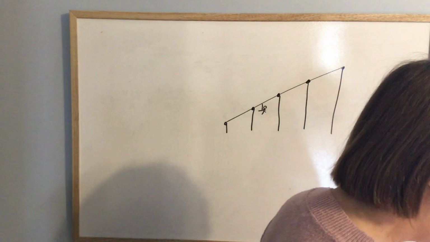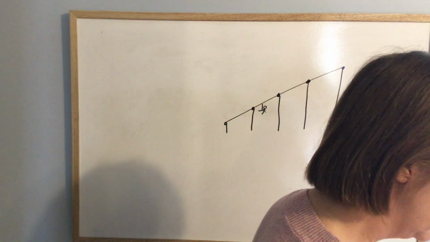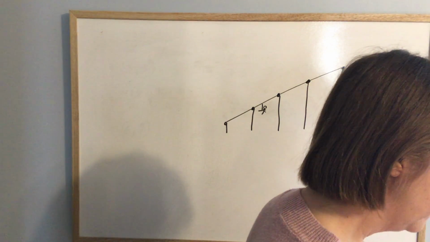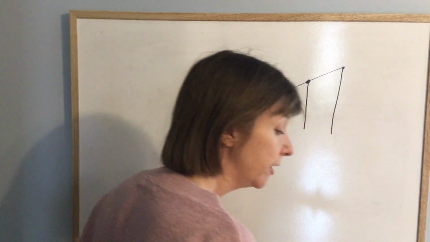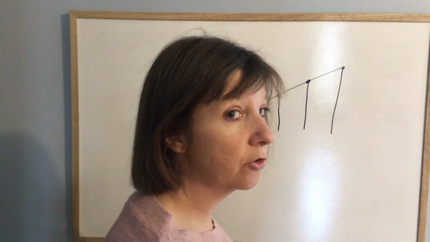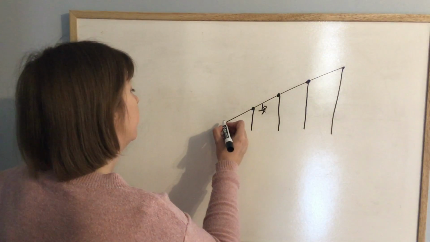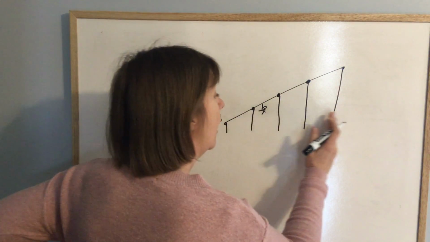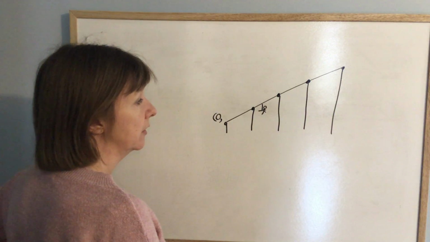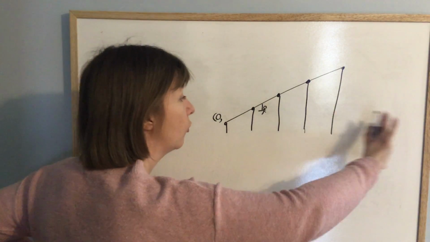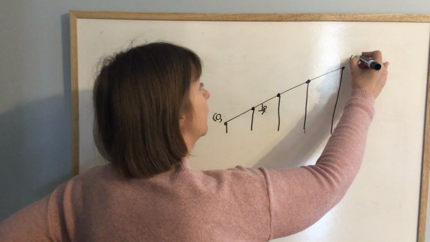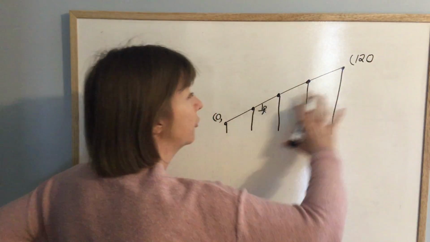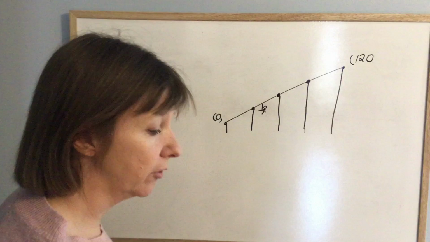Now, from the first tower to the last, the lift goes a horizontal distance of 120 meters. So if the first tower is 0, we travel across 120 meters. That means when he gets off, he has traveled horizontally 120 meters.